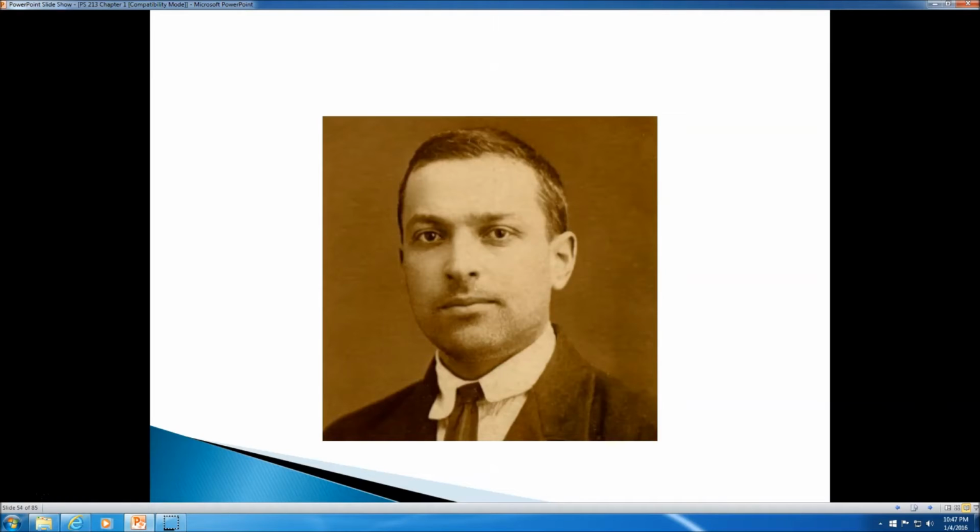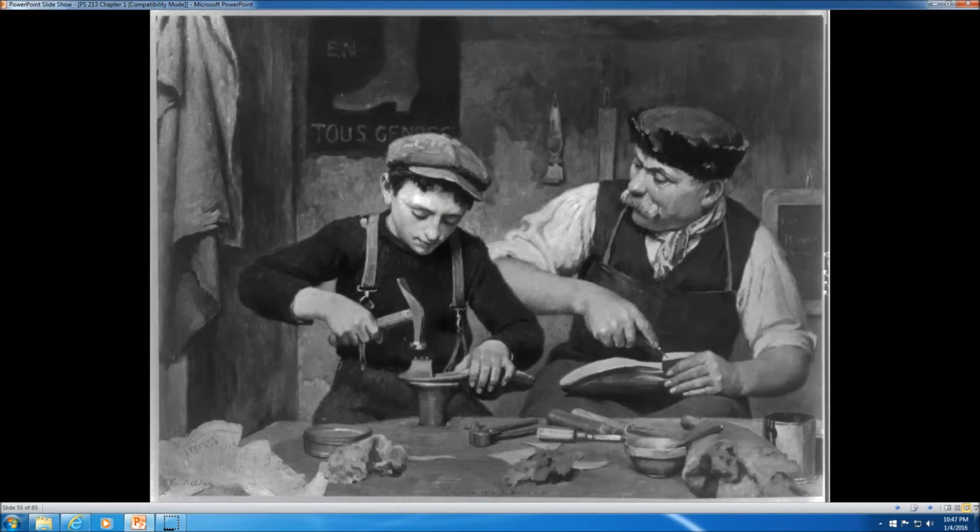Vygotsky, a Russian psychologist, is the leading theorist here, and he wrote how child development is essentially an apprenticeship, where the child works with skilled adults to learn what is most important in any given culture, ranging from a college education, building a home, or even gathering food to survive.